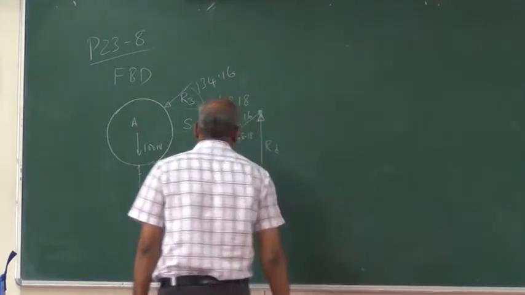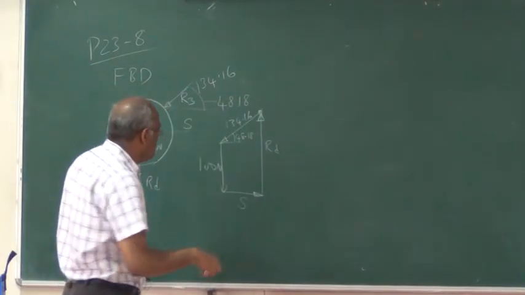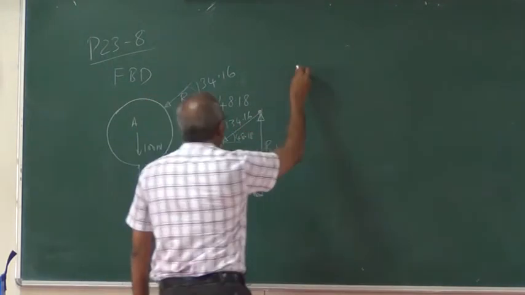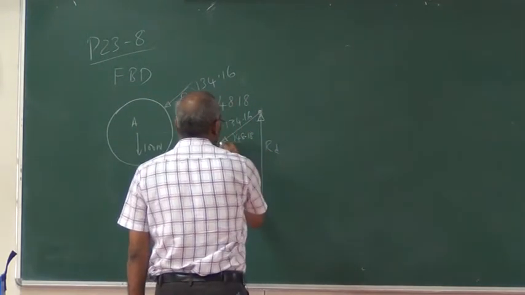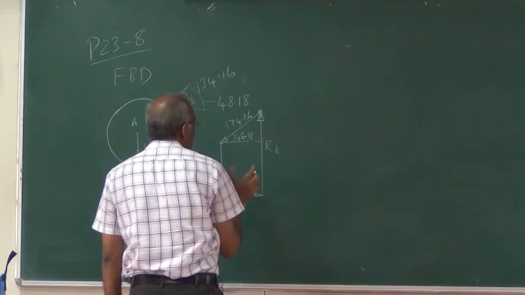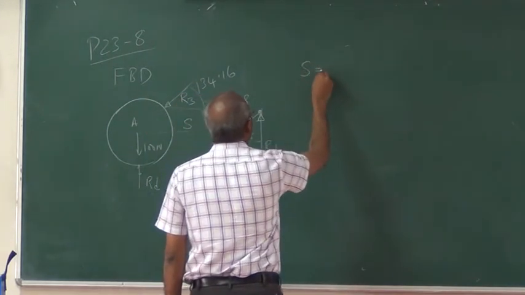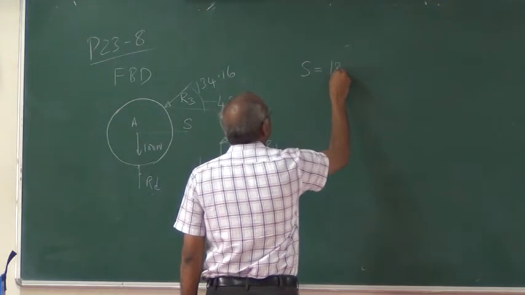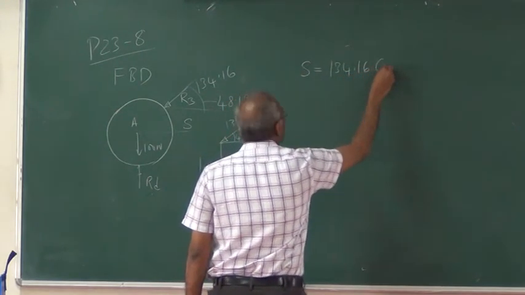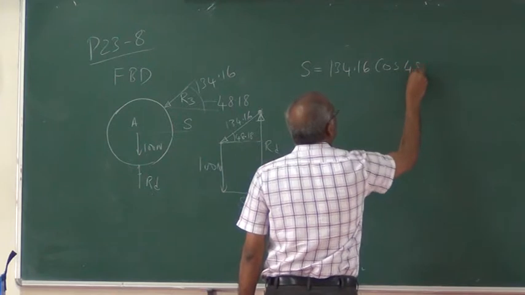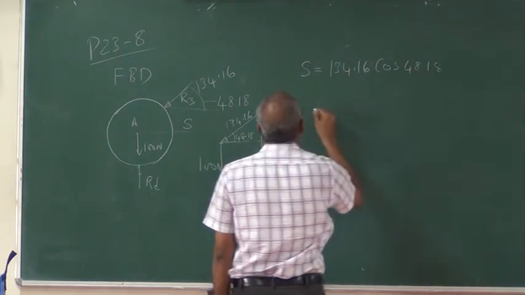Now you have this. So this side is going to be equal to S. So S in magnitude is equal to 134.16 times cos 48.18.